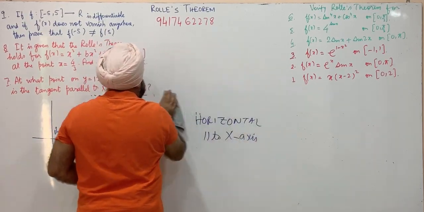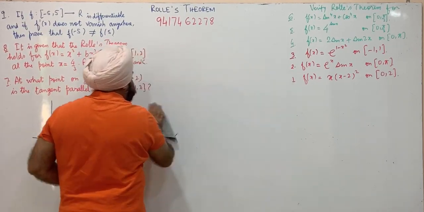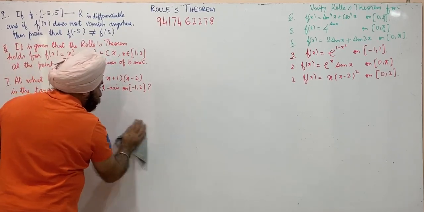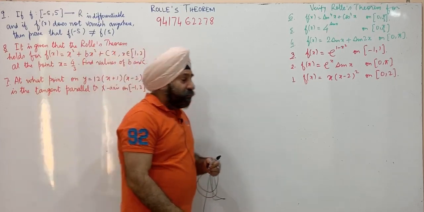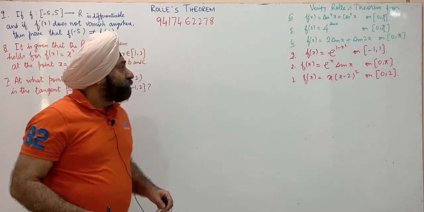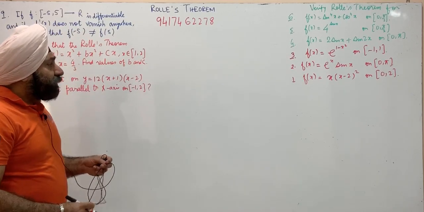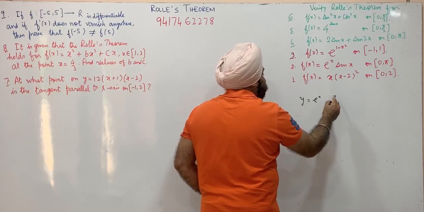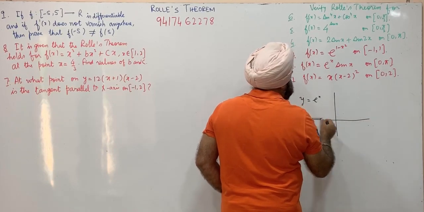So what are the properties which are useful? Properties of some standard functions which are useful. The first one is that a polynomial function is everywhere continuous and everywhere differentiable. Then the exponential function y equal to e raised to x. This is the graph of the function.